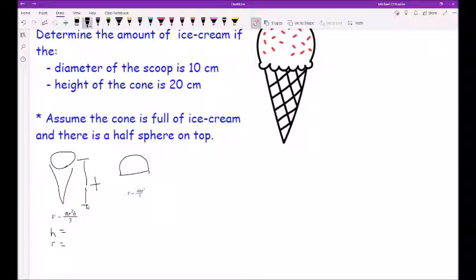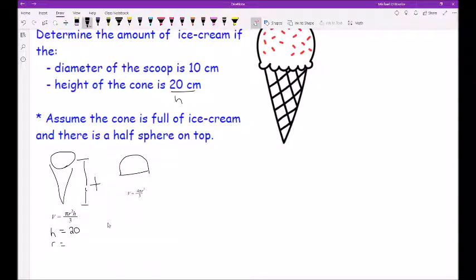So what's the height that we're going to have for our cone? Good, 20 centimeters. It's right here. Oops, that did not change. Did not mean to wipe that out. So our height is 20 from here.